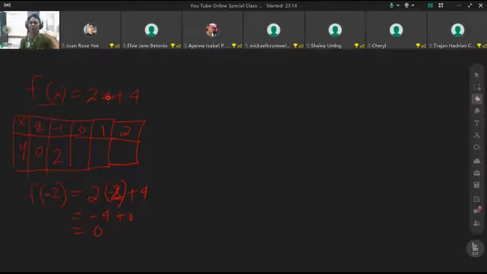If x is 0, of course, any number multiplied by 0 is 0. That is why 0 plus 4 equals 4. 2 times positive 1, that is 2, plus 4, that is 6. 2 times 2, that is 4, plus 4, that is equal to 8.